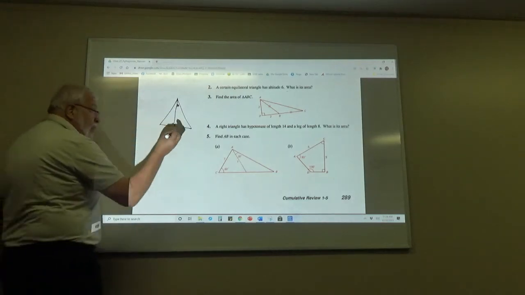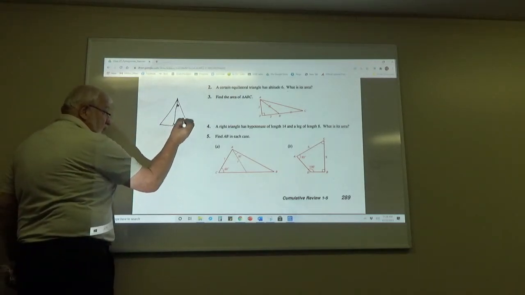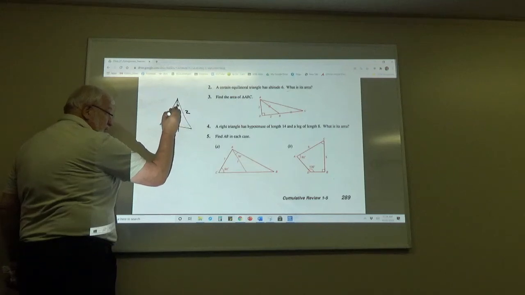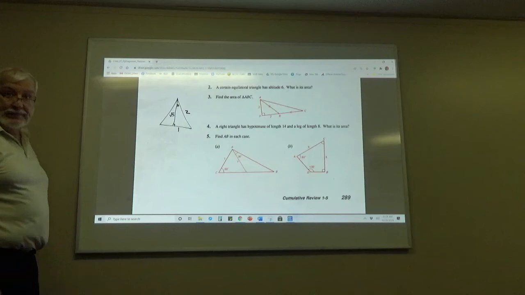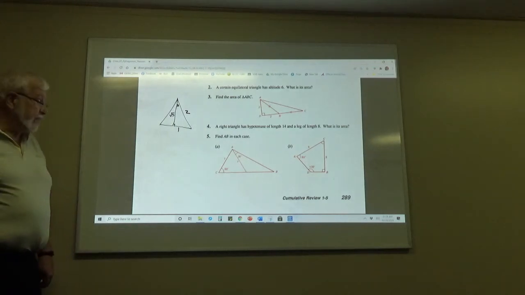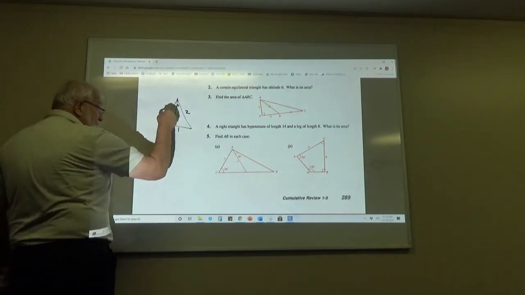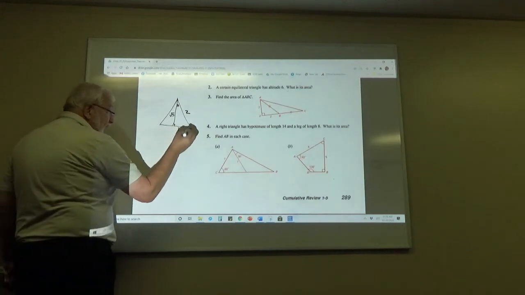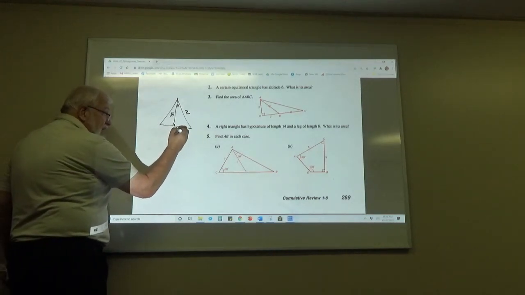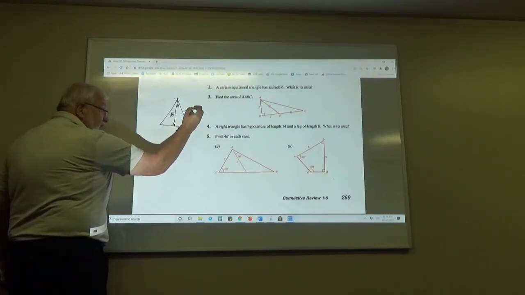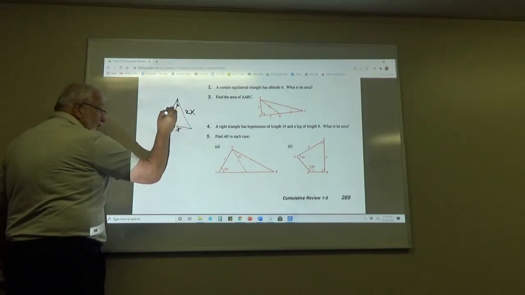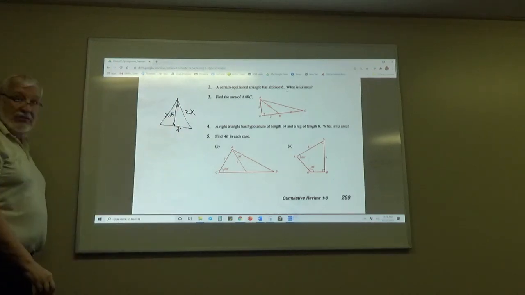And the normal way you do that is this is 1, this is 2, and this is the square root of 3. Now, what they said was that if this is x, this is 2x, and this is x times the square root of 3.